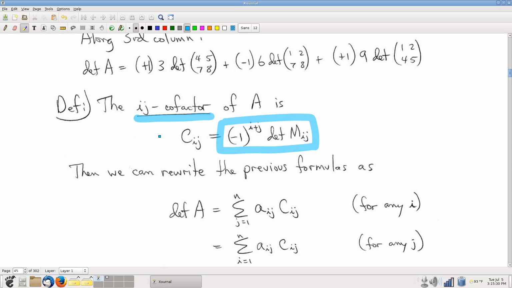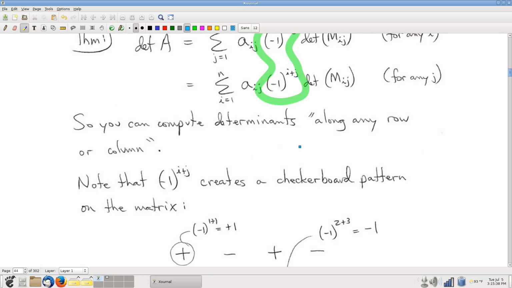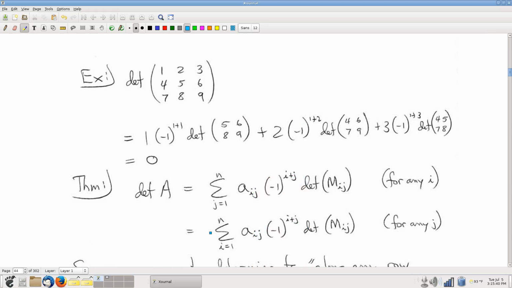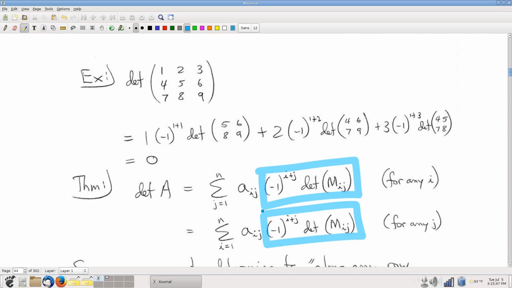This ij cofactor is the product of the minus signs and the minor determinant. So in our formulas here, it's that. That's the ij cofactor. Likewise that. Same exact expression.